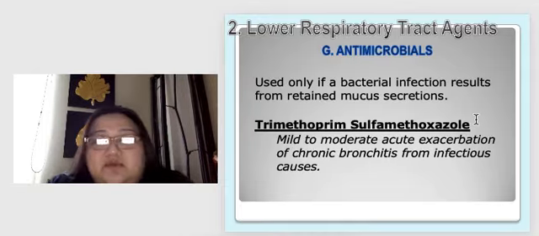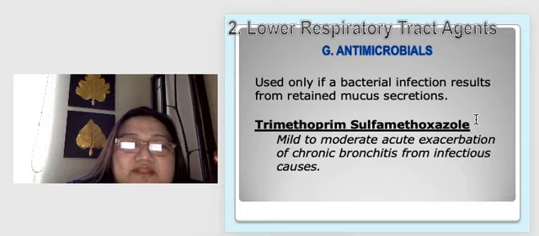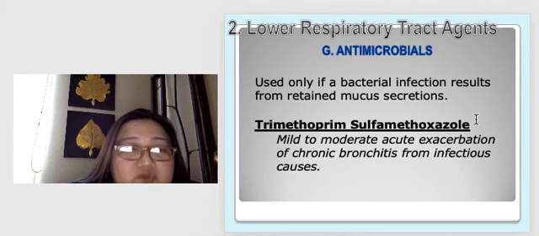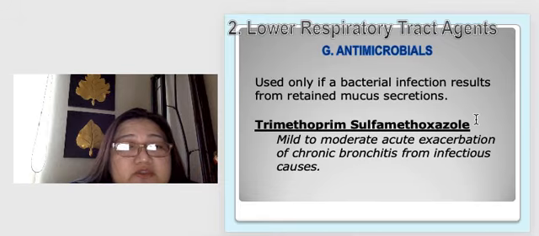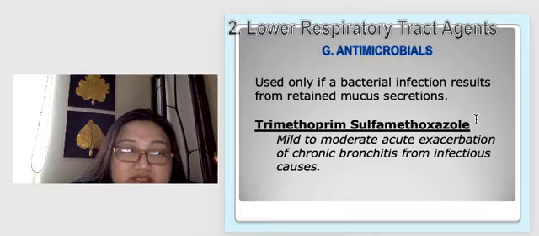Antimicrobials can also be used. This antimicrobial can be used if bacterial infection results from retained mucus secretions, and that is trimethoprim-sulfamethoxazole. Maaari siyang gamitin sa mild to moderate acute exacerbation of chronic bronchitis from infectious causes.